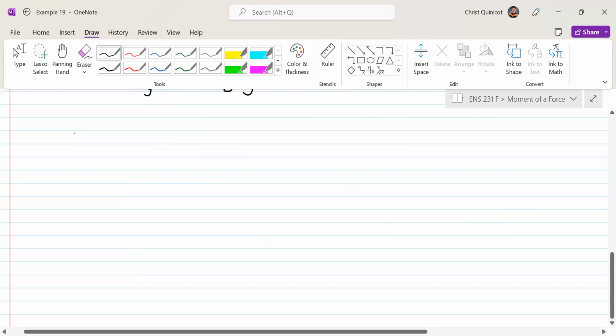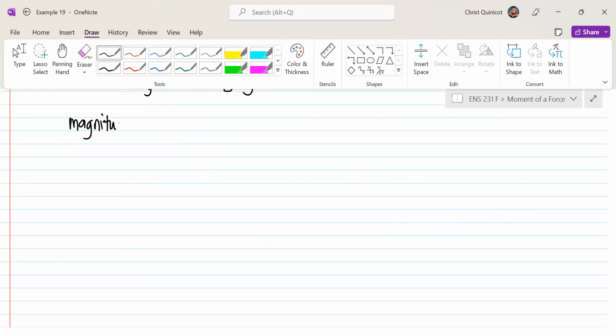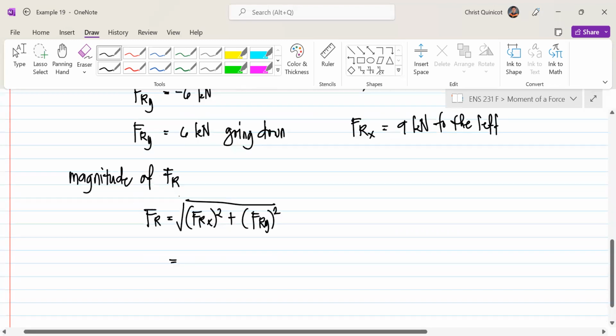Okay, so for the magnitude of F sub R, we have F sub R is equal to the square root of F sub Rx squared plus F sub Ry squared. We substitute the values: 9 to the left, plus 6 going down.